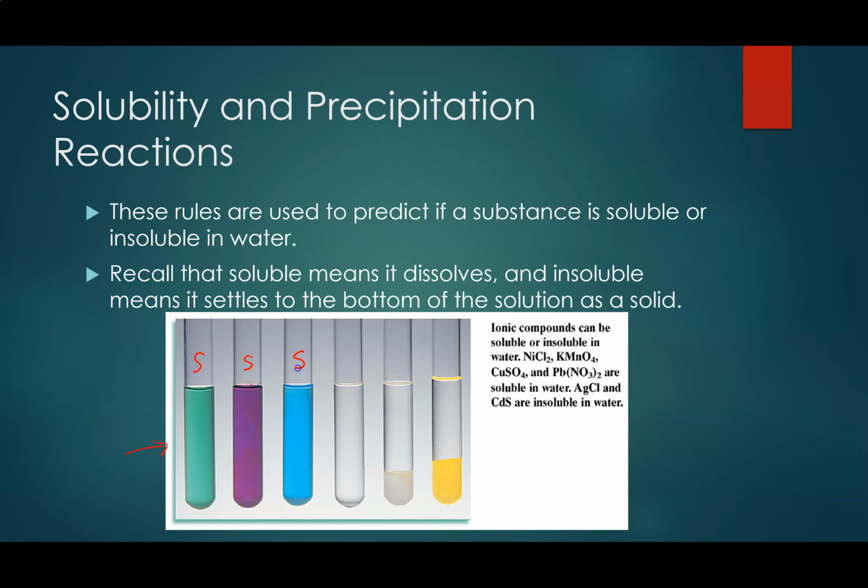So it forms a colorful solution, or it forms a clear solution where you can't see the particles. That's also an option. That would be something that is soluble. The other option is an insoluble thing that forms 2 layers or forms a solid at the bottom of our solution in general. And over here we have some examples of them.